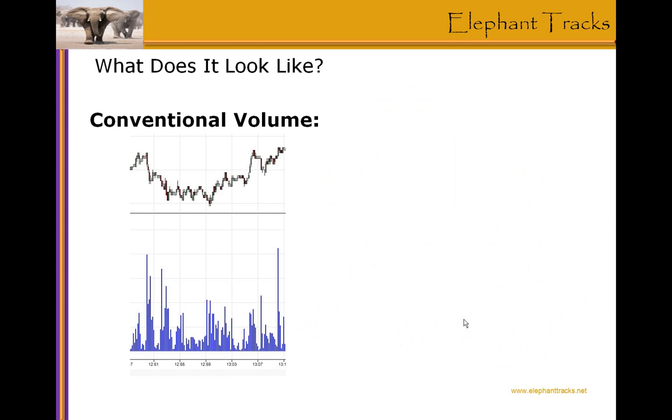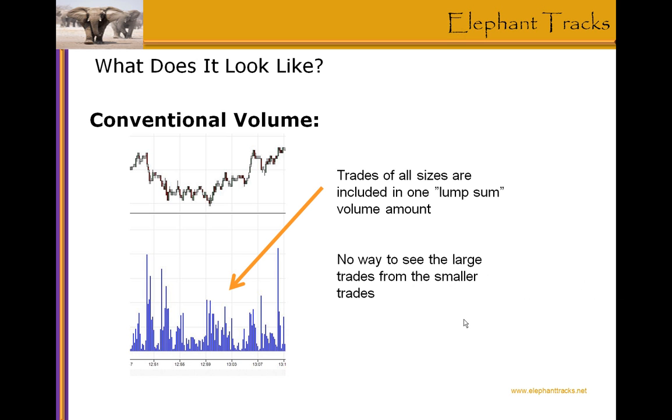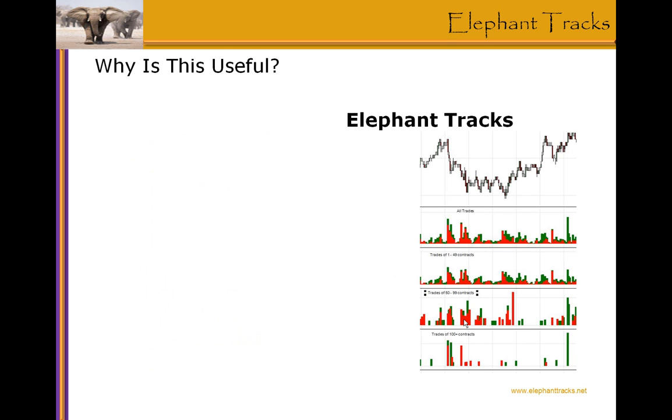So in review, conventional volume, you get this kind of a view where trades of all sizes are included in one lump sum. There's no way to see large traders from the smaller ones. And you can't directly tell whether that volume in trading is on the sell side or buy side in terms of the pressure.